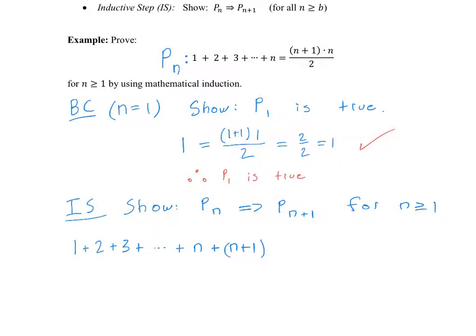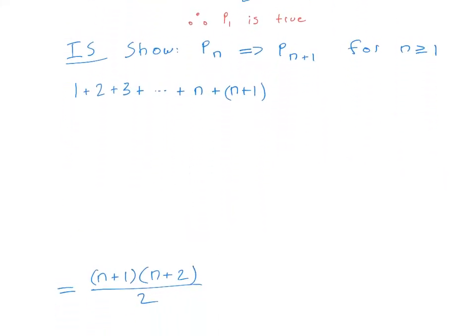So the n became n plus 1 on the left-hand side, and the top here became n plus 1 for an n plus 2, and that n there became n plus 1. So that's why I wrote down the numerator below as n plus 1 multiplied by n plus 2.